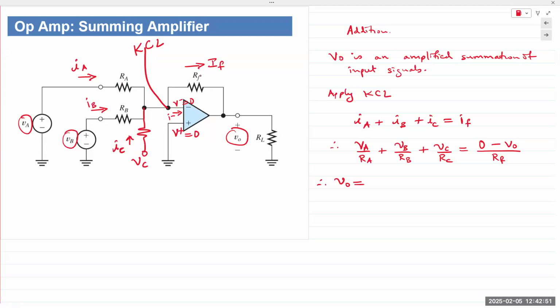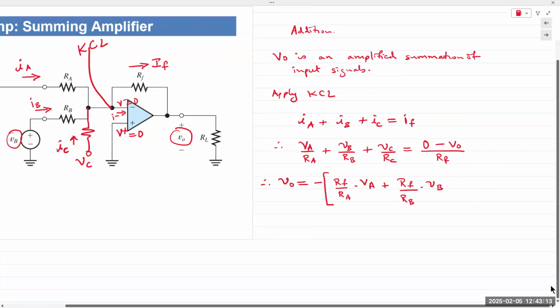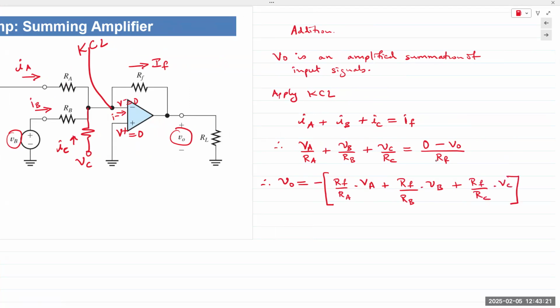VO is equal to minus RF over RA times VA plus RF over RB times VB plus RF over RC times VC. Okay.